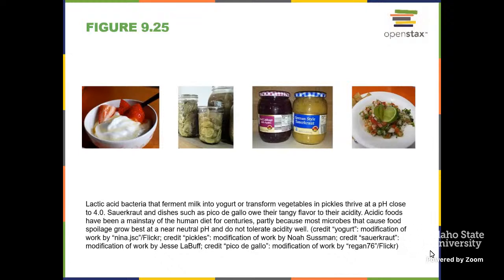Sauerkraut, another idea with that, with some bacteria normally on the cabbage in the first place, and you set a situation up where you get a bunch of cabbage that you're going to make your sauerkraut with, and you put it into like a big crock or something like that, and you allow it to sit.